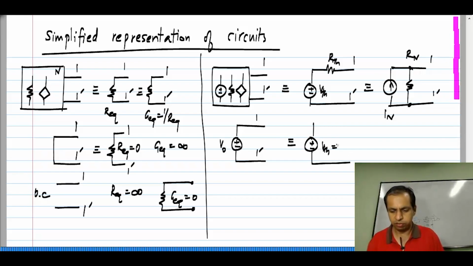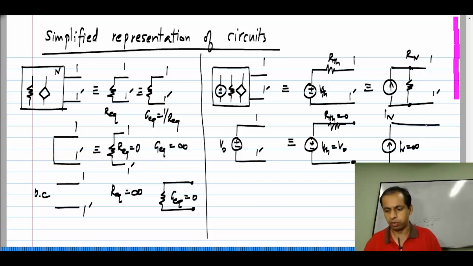If this is V naught, VTH will be V naught and RTH will be 0. Now, if you try to find the Norton equivalent, if you have just a voltage source and you try to find the short circuit current, you will find that the short circuit current is infinity. That is because you cannot short circuit a voltage source, and you will also find that the Norton resistance, which is the same as the Thevenin resistance, is 0. Now, in this case, this representation is useless because you need finite values. So, only this representation is legitimate.